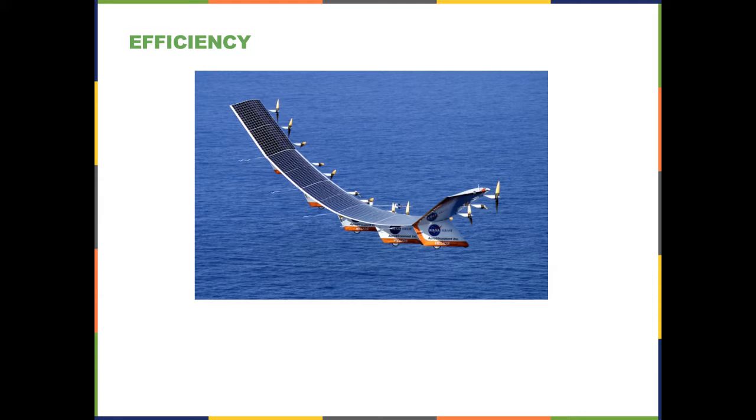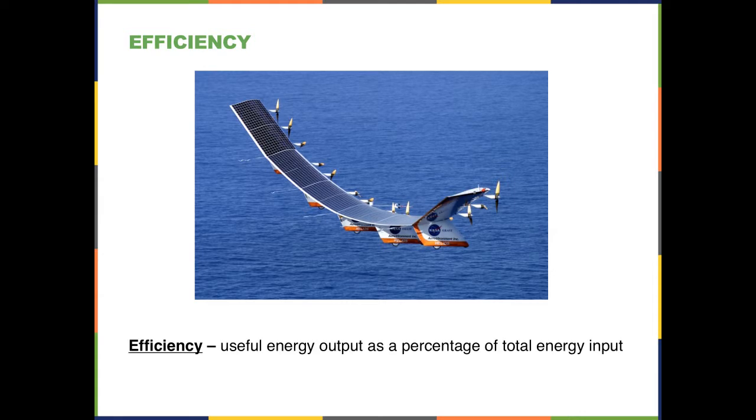Now let's talk about a different concept, the concept of efficiency. Efficiency is known as the useful energy output as a percentage of the total energy output. So everything that we do has useful energy, that is energy that actually accomplishes what we want to accomplish.